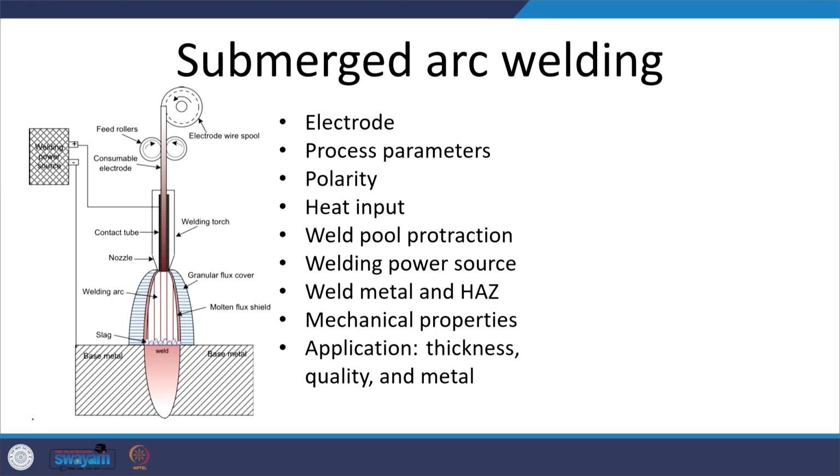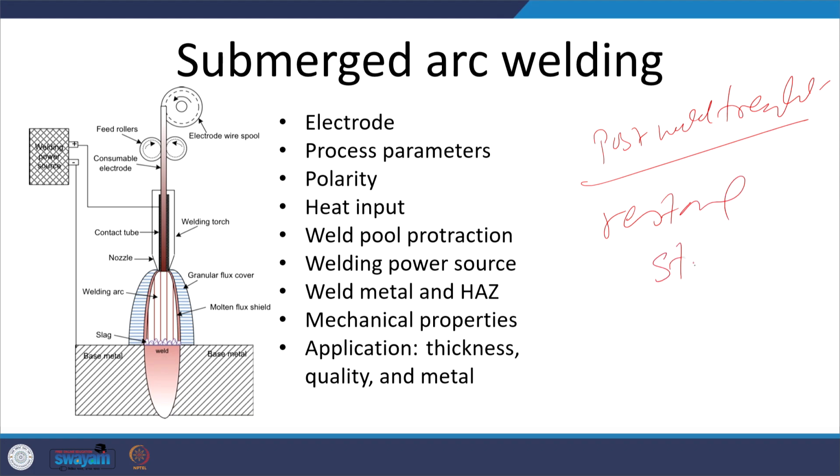So, in that case, if the property variation or property degradation of the parent metal is huge, then it may be required to do the post weld treatment, primarily for restoring the structure and properties of the weld joint. Okay.